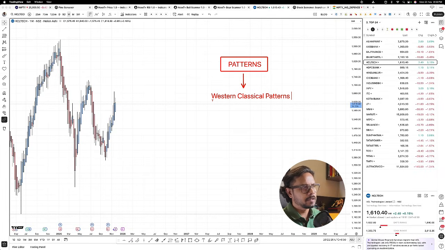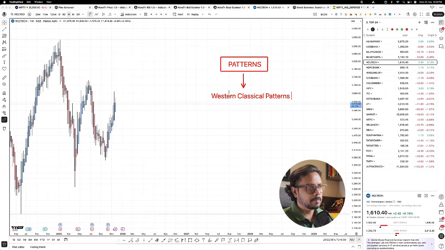Patterns are essentially a formation on the chart which the experts of this field 50, 100 years back, when they used to use graph papers and plot charts by hand, used to observe, identify, and found a repetitiveness in them. And so they documented it, and that's how we have the Western classical patterns as we know.